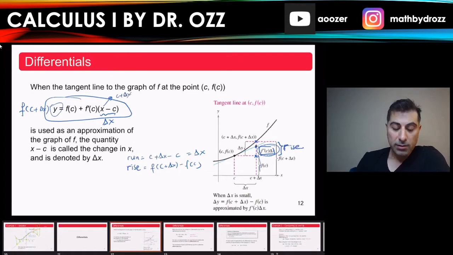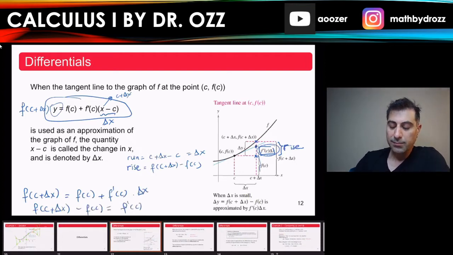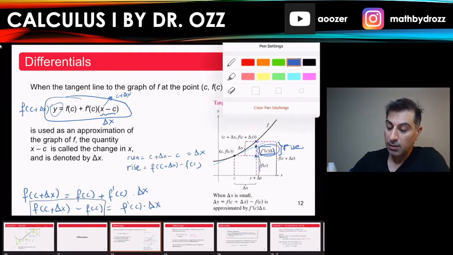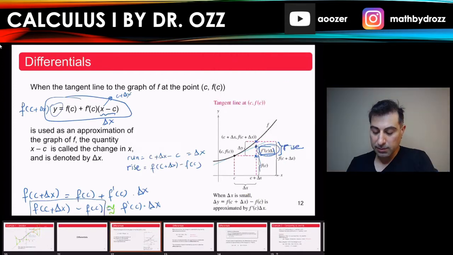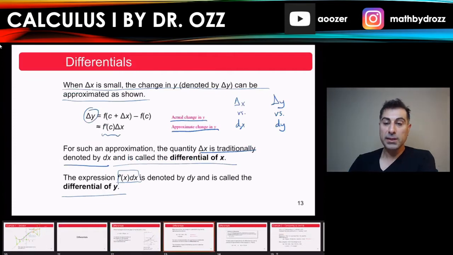So essentially you have f of c plus delta x equals f of c plus f prime of c times delta x, and this implies what? f of c plus delta x minus f of c is f prime of c times delta x. So this actual change is in fact approximated by f prime of c times delta x. This is exactly what we're doing in this slide.